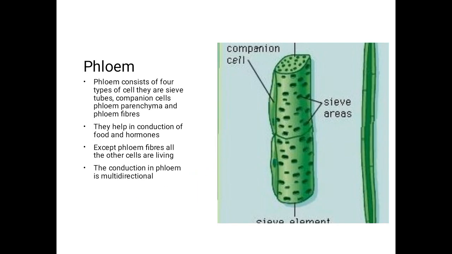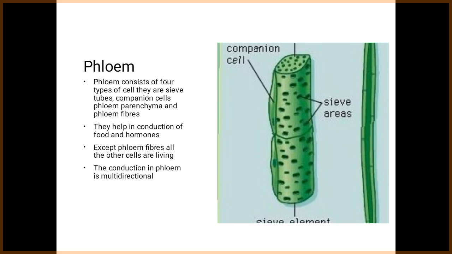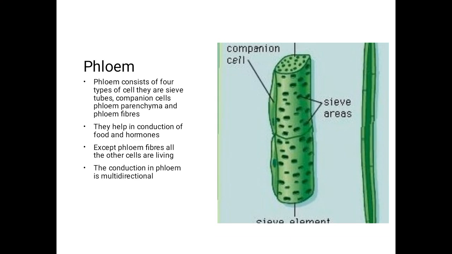Okay, so next is phloem. What are the different cells in phloem? Why are they known as complex permanent tissues? Because they are made up of different types of cells, isn't it? What are the different cells found in phloem? They are sieve tubes. Sieve tubes are also cylindrical cells which help in the conduction of food and hormones, and these are actually living cells, but there is no nucleus for them.